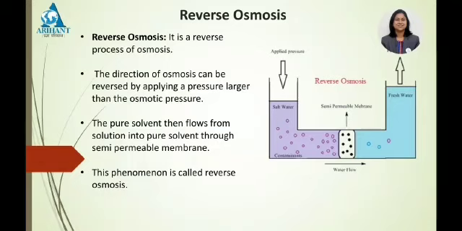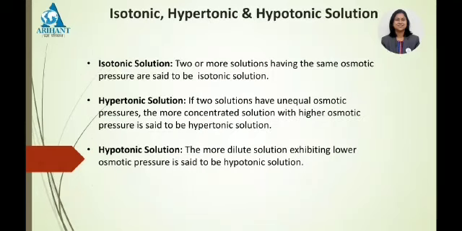We have also quoted a few examples for reverse osmosis. The pure solvent then flows from solution into pure solvent through the semi-permeable membrane, and this phenomenon is called reverse osmosis.